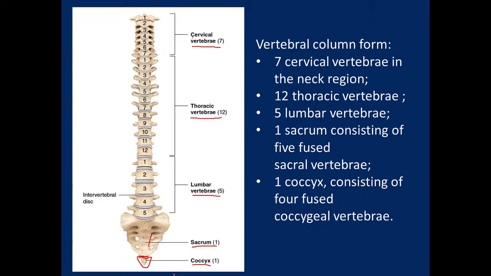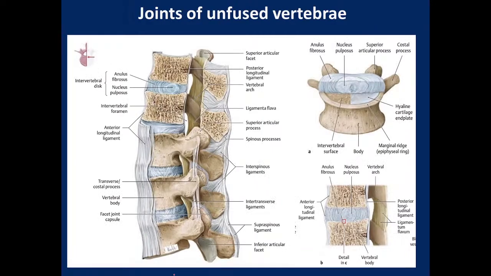The spinal column has several important anatomical structures binding the vertebrae together. Between the bodies of the vertebrae we find intervertebral discs. It has a nucleus pulposus inside.